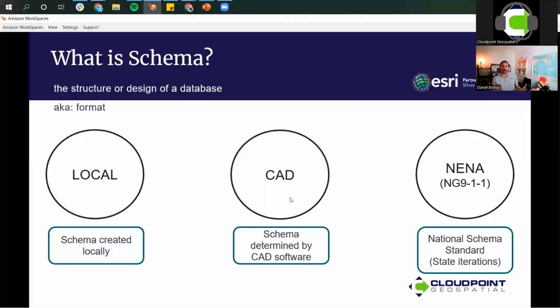And then we have the NG9-1-1 NENA schema standard. And that is, like I said before, a national standard, a national requirement for the base set of fields.